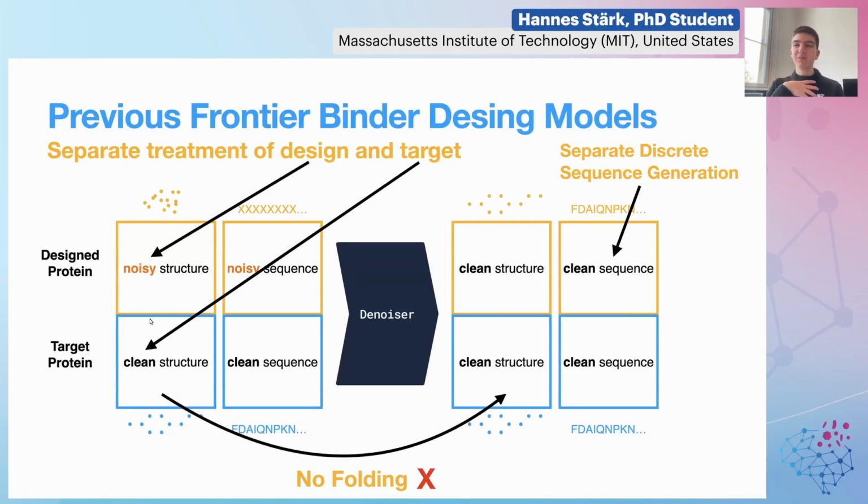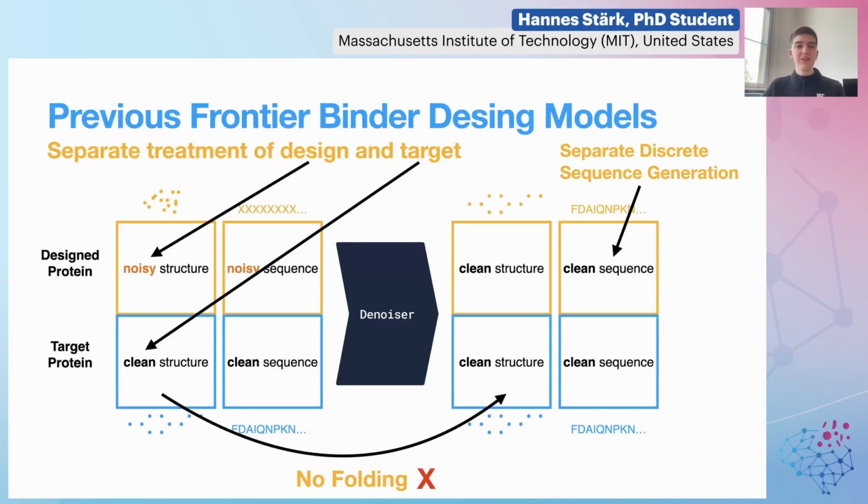For the target protein, the denoiser, the diffusion model, already takes the clean structure as input, and then it doesn't perform any folding, right? It just copies over the clean structure, which means the model does not learn these nice features that we want to learn from folding, this strong structure reasoning, and having these expressive features that capture how residues will interact with each other.